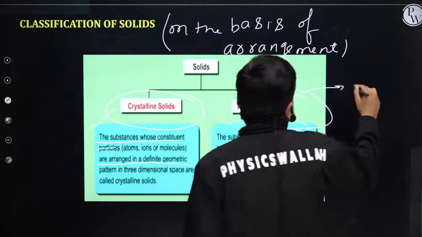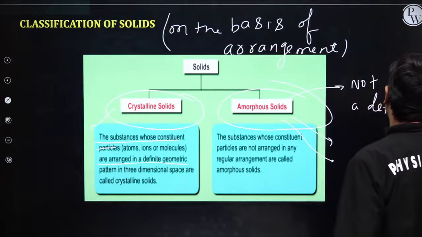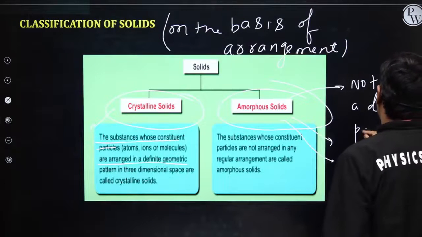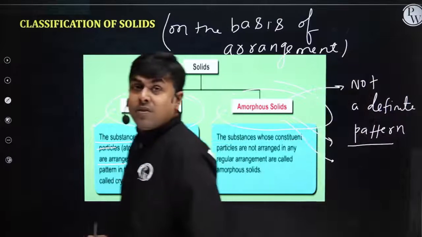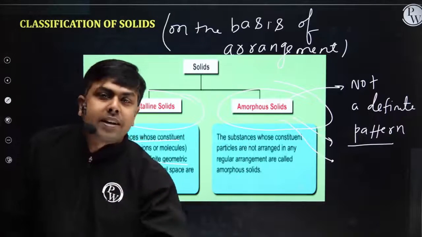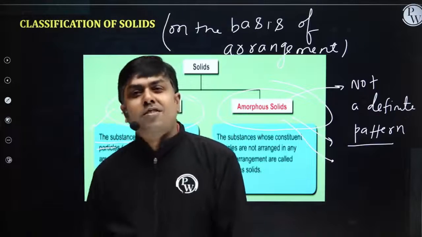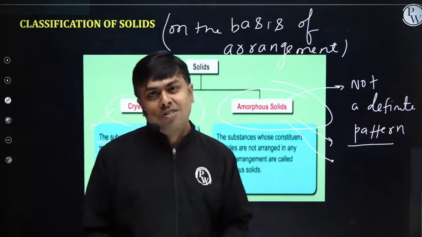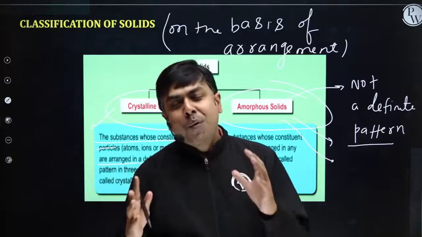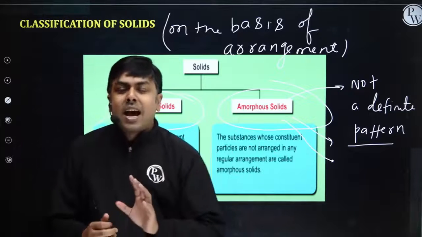So not a definite pattern or order of arrangement of constituent particles in case of amorphous solids, and in case of crystalline solids there is a fixed and definite arrangement of constituent particles. I hope you understood these terms, crystalline solid and amorphous solid.